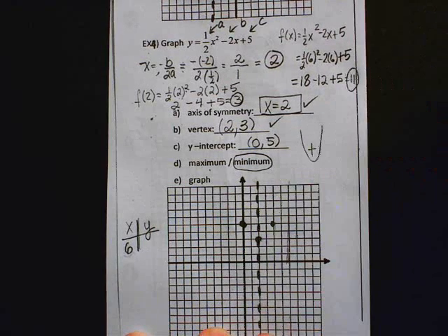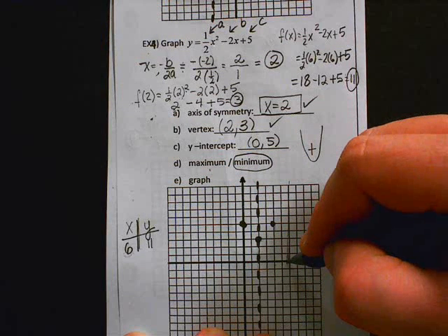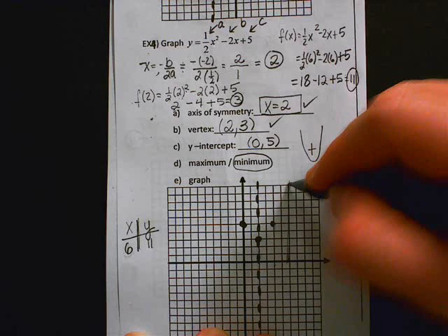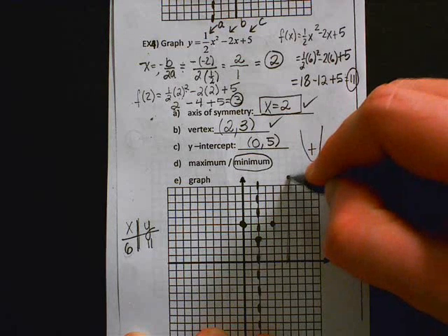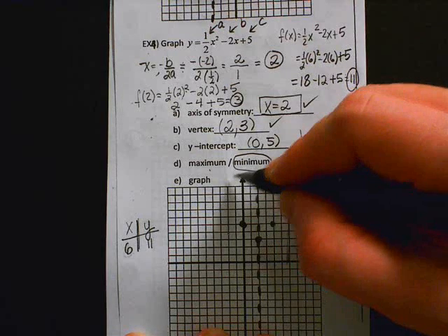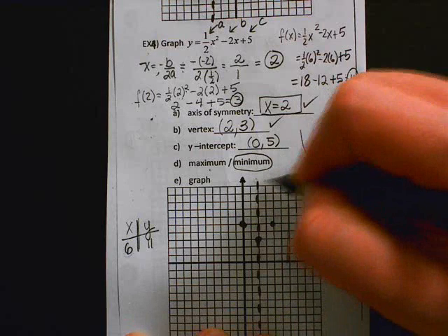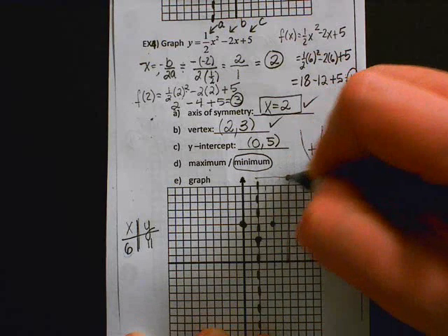Alright, so that means when x is 6, we'll go all the way to 11, which should be somewhere in here. And if I use the line of symmetry, let me just draw a little quick here.